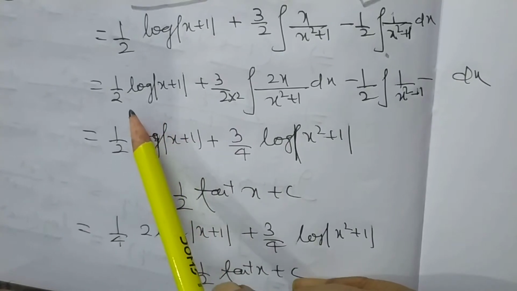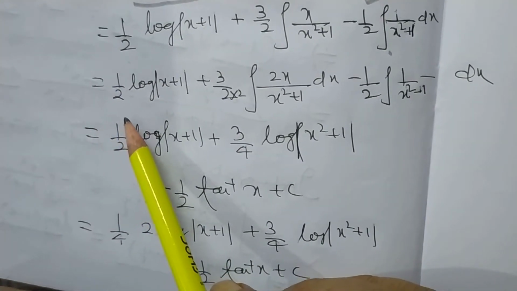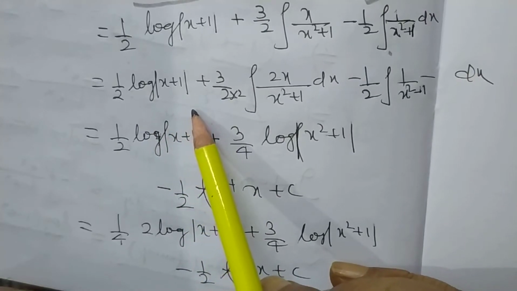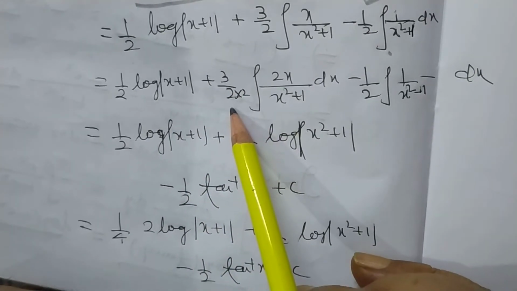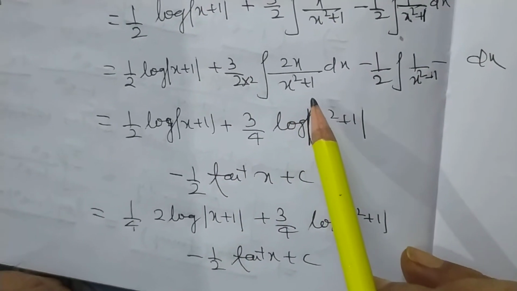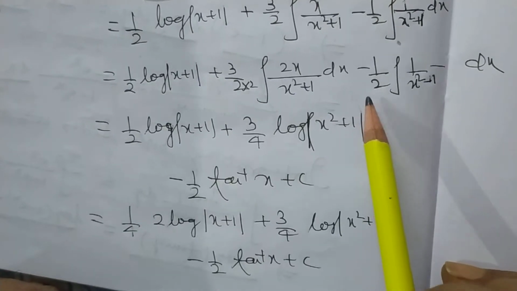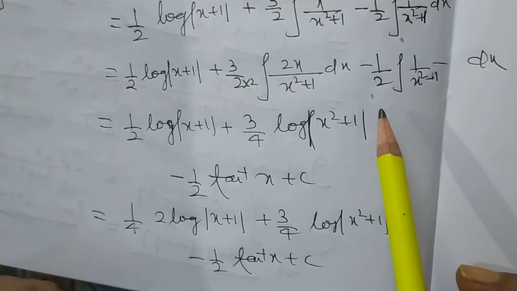So my dear student, now we can solve this problem in this way: 1/2 log(x + 1), and you multiply by 3/2 × 1/2, ∫2x/(x² + 1) dx, minus 1/2 ∫1/(x² + 1) dx. So what do you observe?